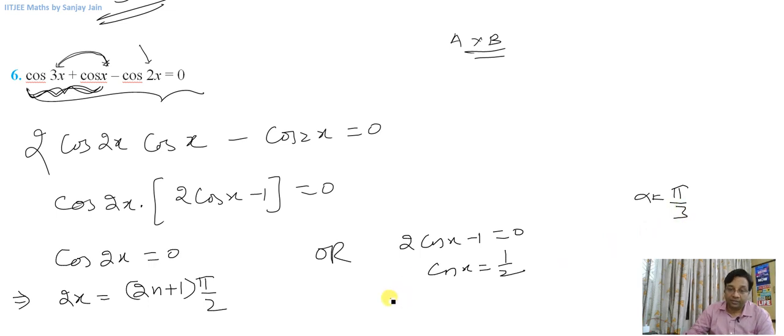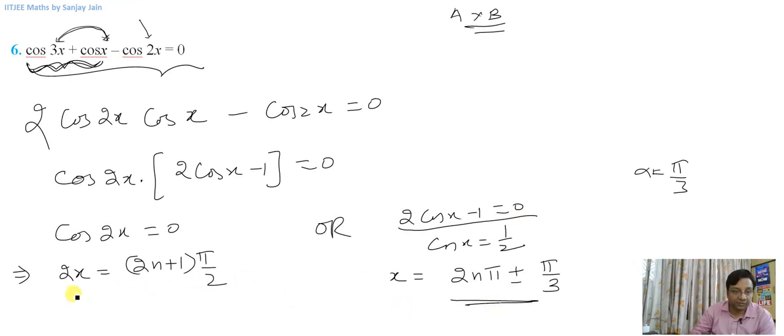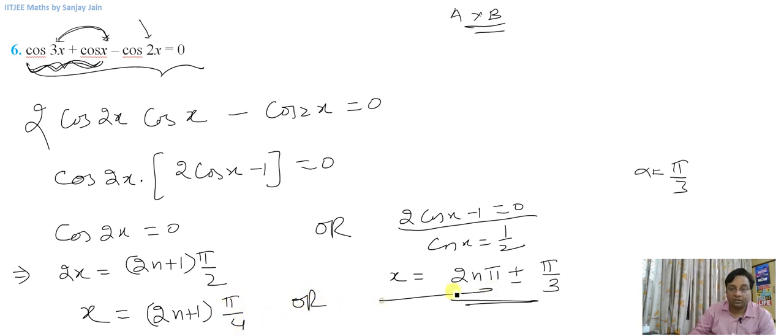So that will give me x equals to 2n pi plus minus pi by 3. So this will be the general solution if this is equal to 0, and this will be the general solution. Let me write it for x, because we write general solution for x. So it will be equal to 2n plus 1 pi by 4, or this.